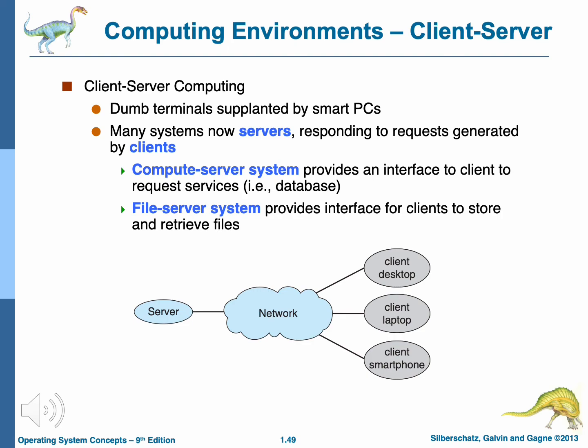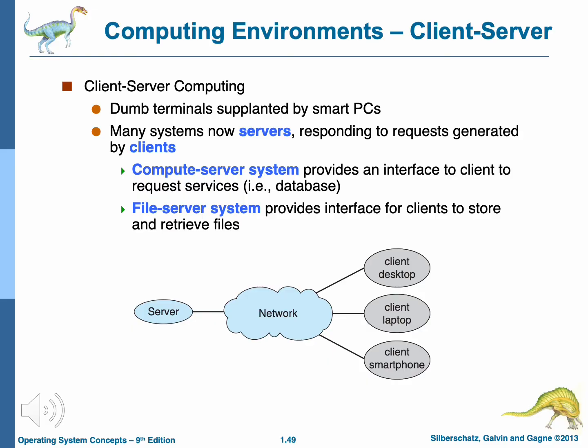Client-server computing. As PCs have become faster, more powerful, and cheaper, designers have shifted away from centralized system architecture. Terminals connected to centralized systems are now being supplanted by PCs and mobile devices.